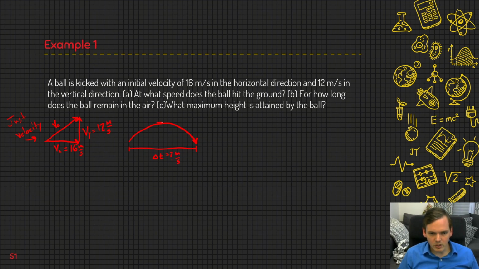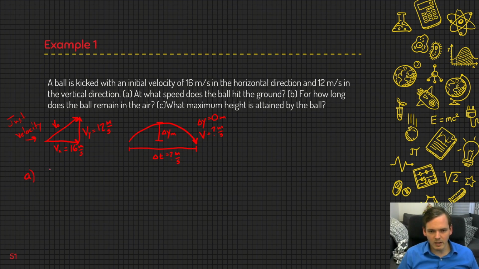We care about the change in height here, so delta y, and I'm going to call that max, so I'm going to give that a subscript m. And we care about the final velocity. Now, we also know at the end, if it's going to hit the ground, the change in height should be 0 meters. So let's work with some kinematics equations here.